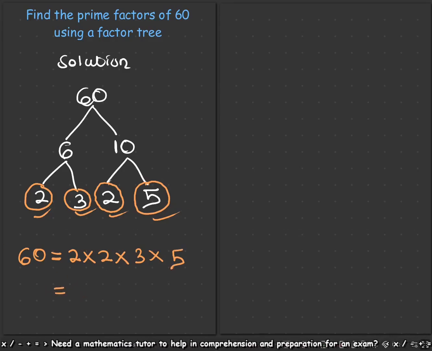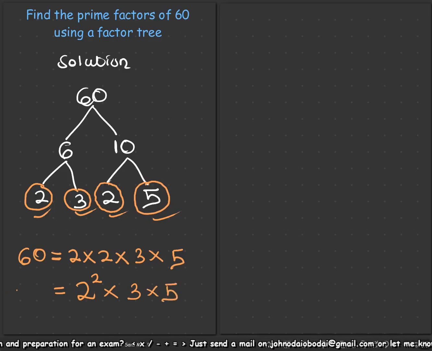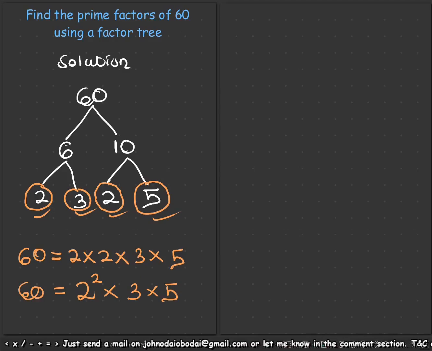If you want to write it in index notation, how many times is 2 multiplying itself? 2 raised to the power 2, times 3, there's just one 3 here, and then times 5. So 60 as a product of prime factors is 2 raised to the power 2 times 3 times 5.